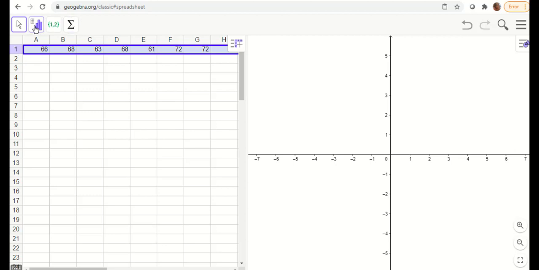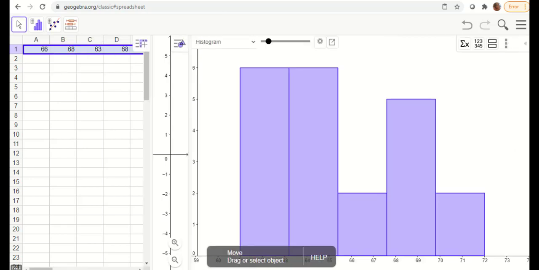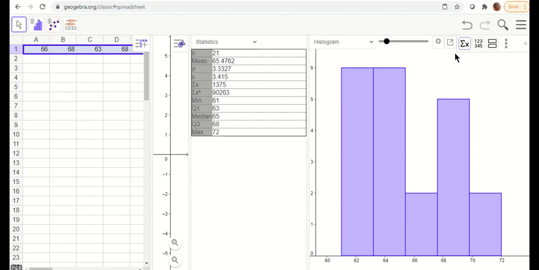Again, I typically like to start off with the one variable analysis here, and then it gives us a lovely histogram of the information, right? If I hit this summation sign with the X, it says show statistics. We hit the show statistics, and now we know that the mean, right, of this is what? 65.4762. We know that our number of values we have, our N, is 21.